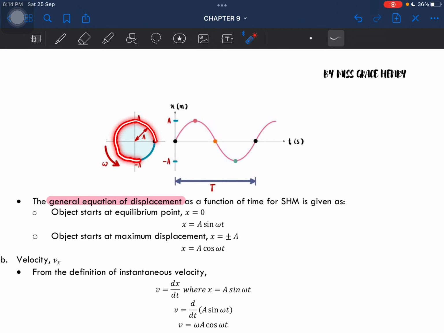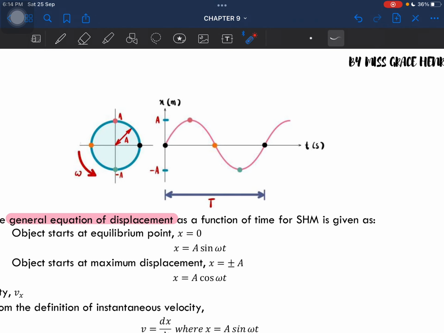It will move in one cycle. See this 360 degrees means it has moved one cycle. If we see point A here, it is the amplitude, which is the maximum displacement that they get.